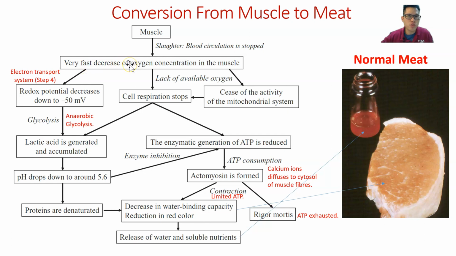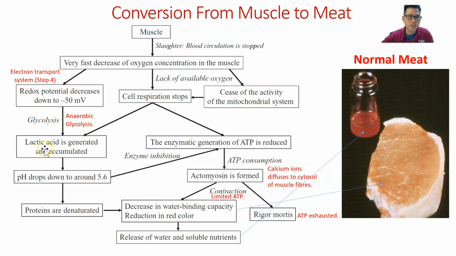When the oxygen concentration has been reduced, the redox potential, which is basically step 4, will decrease, because there are no longer enough electrons being pumped into the intermembrane space of the mitochondria for the conversion of ADP to ATP. So when that is reduced, anaerobic glycolysis will happen.